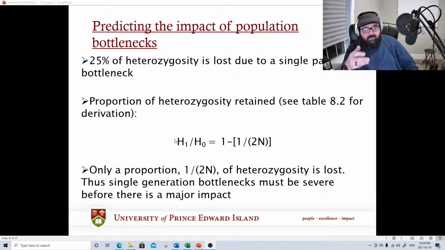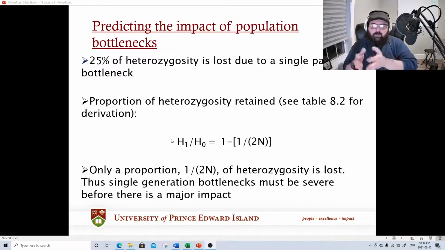So the ratio of heterozygosity retained is 1 minus 1 over 2n, where n is the size of the bottleneck. That means you can bring a population down quite sharply for a single generation, and you're still going to retain a significant amount of genetic diversity. So a one generation bottleneck is bad, but you can deal with it.